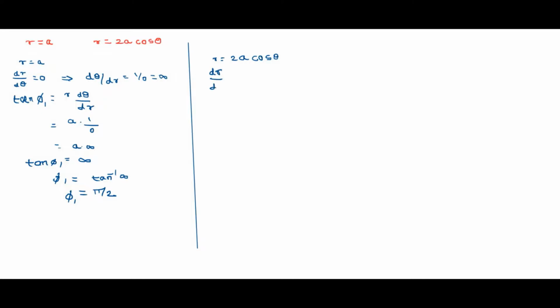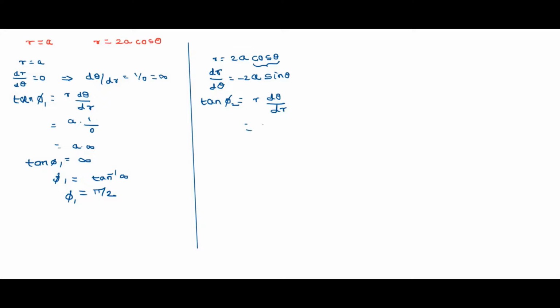Dr divided by d theta is equal to 2A, which is constant, times the differentiation of cos theta, which is minus sin theta. Now write down the value for tan phi 2. So tan phi 2 is equal to R into d theta divided by dr.